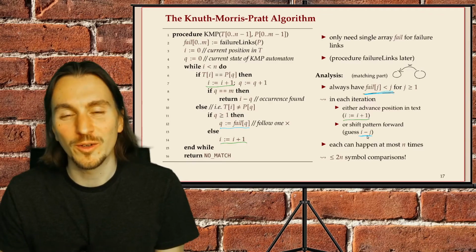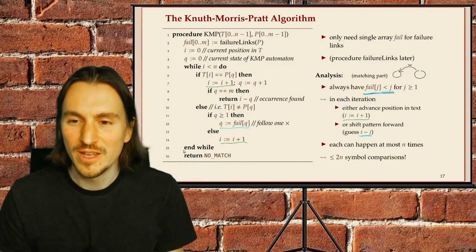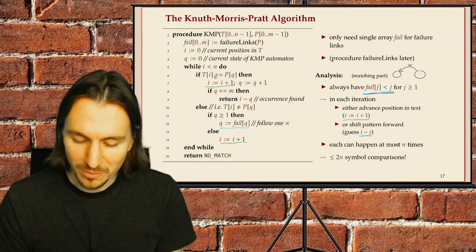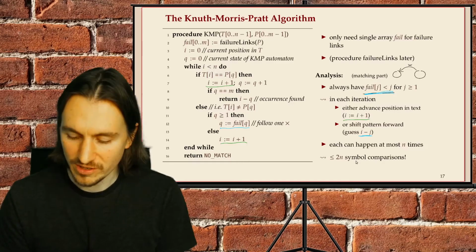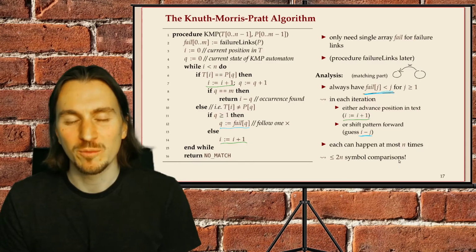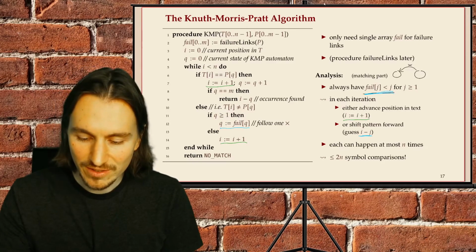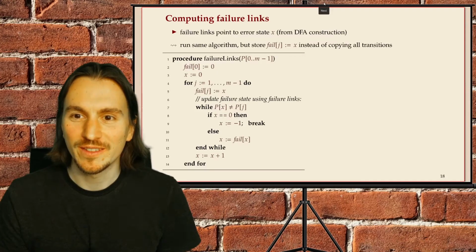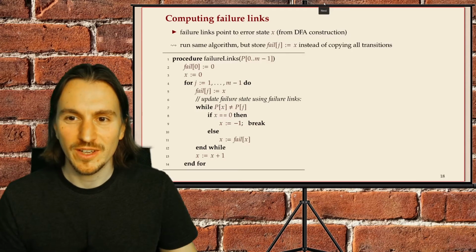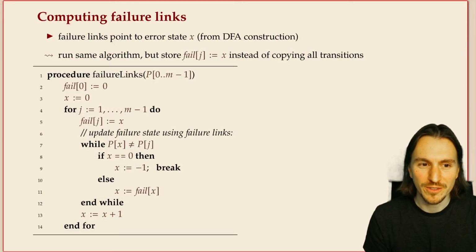So the total number of iterations of the while loop can be at most 2n. And we do exactly one simple comparison in each iteration, so that's why we have at most 2n iterations and at most 2n simple comparisons. That's the analysis of Knuth-Morris-Pratt, but we excluded computing the failure links. And that is a second important part of the code. So let's look how that works.